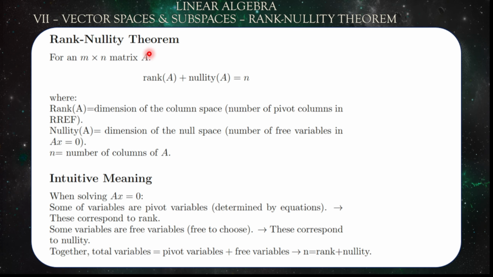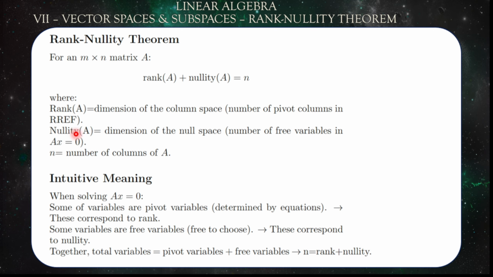Rank-nullity theorem for an m by n matrix A: rank of A plus nullity of A should be equal to n, where rank of A is equal to the dimension of the column space, meaning the number of pivot columns within the RREF, reduced row echelon form.